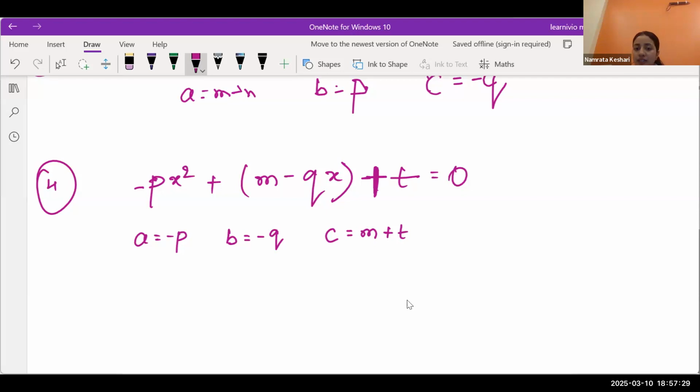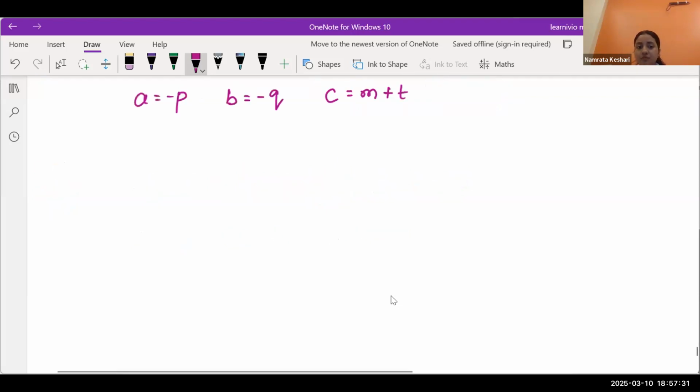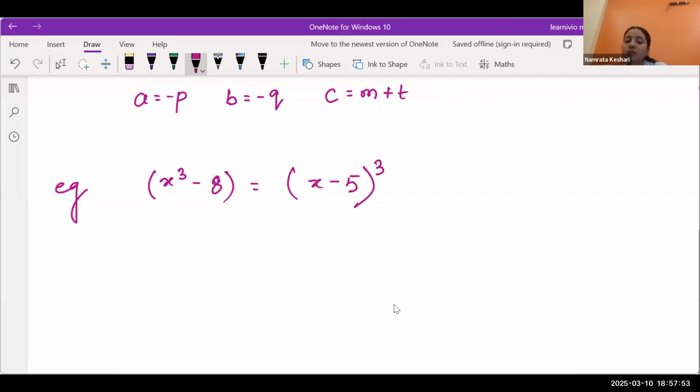Okay, now the next concept is, if we are having an equation, whether it is quadratic or not, you have to identify it. So suppose I am giving one example, x cube minus 8 is equal to x minus 5 whole cube. This type of question will be there, that identify whether the given equation is quadratic or not.